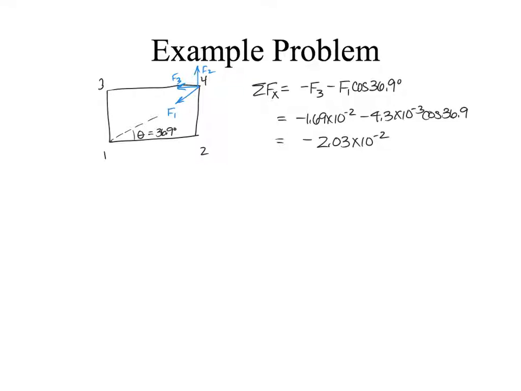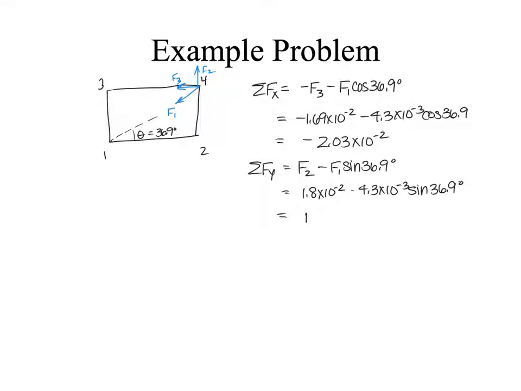2. When I look at the y components, I'm going to have F2 minus F1 sine of 36.9 degrees. F2 is 1.8 times 10 to the minus 2 minus 4.3 times 10 to the minus 3 sine of 36.9 degrees.